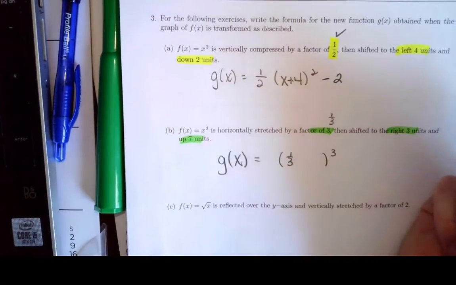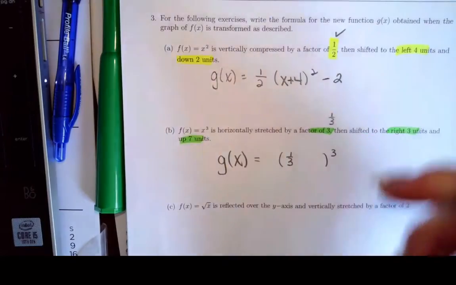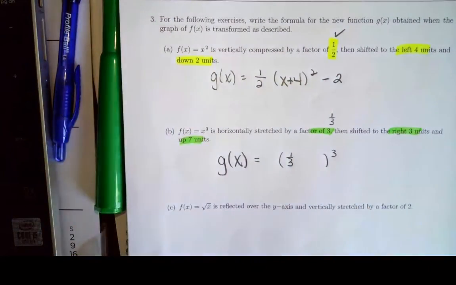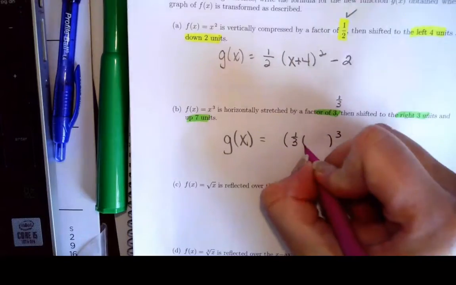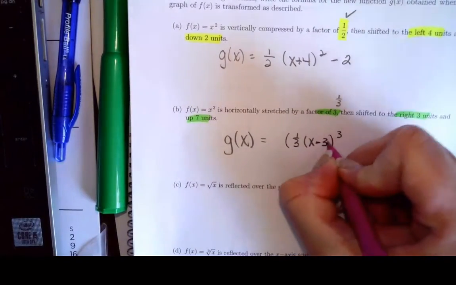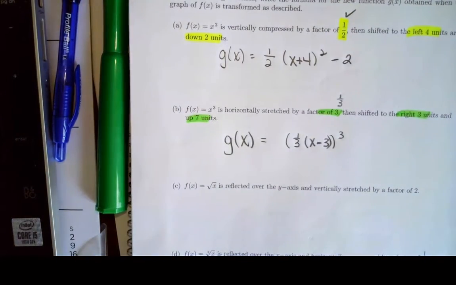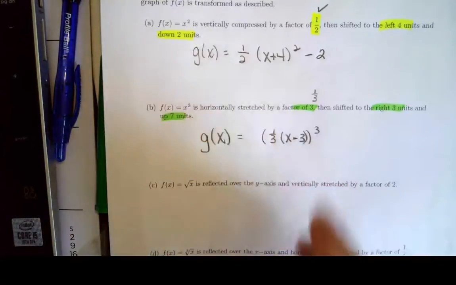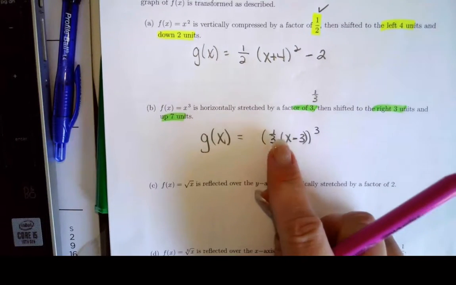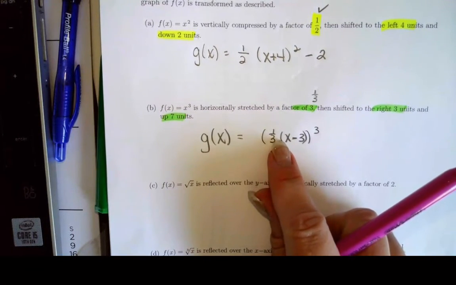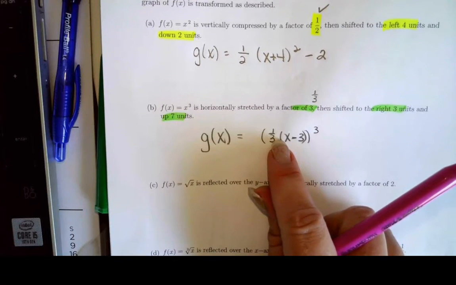So I have 1/3, that's my horizontal stretch. I need to take that entire thing to the right 3, which means -3. So I'm going to say x minus 3, and that tells me to move it right 3 first, and then squish it. It's a horizontal compression.